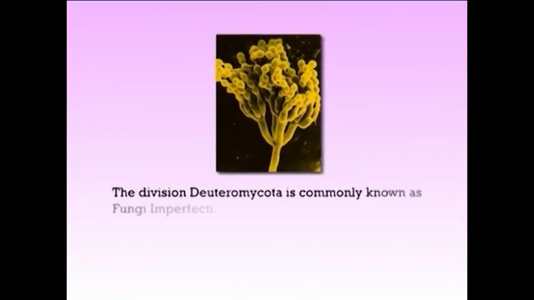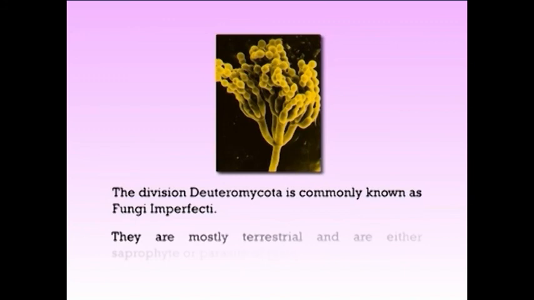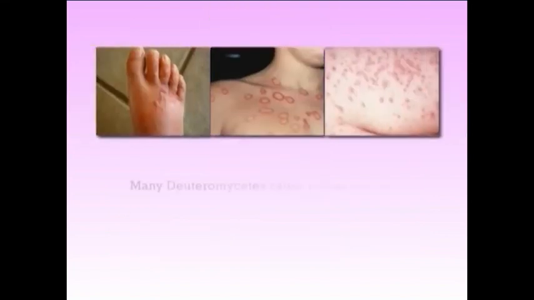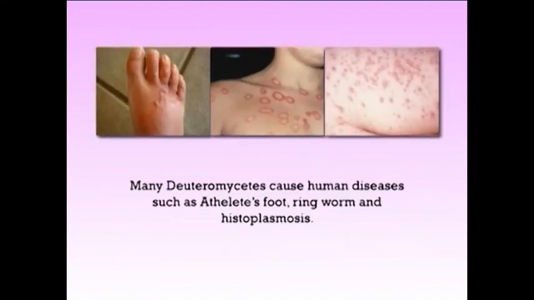This division Deuteromycota is commonly known as fungi imperfecti. They are mostly terrestrial and are either saprophytes or parasites of plants. These Deuteromycetes cause human diseases such as athlete's foot, ringworm and histoplasmosis.